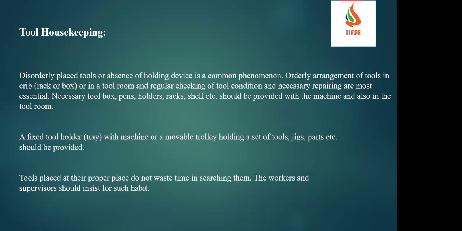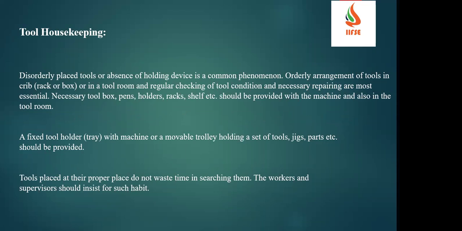Then tool housekeeping. Tool housekeeping means how you are keeping your tools in proper order. Disorderly placed tools or absence of holding devices is a common phenomenon. An orderly arrangement of tools in a grip or in a tool room, regular checking of tool condition, and necessary repairing are most essential.